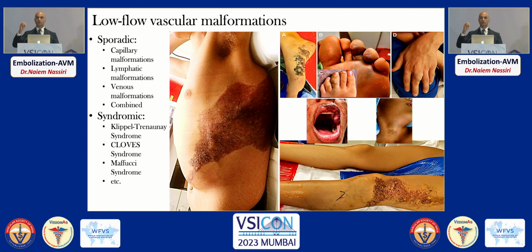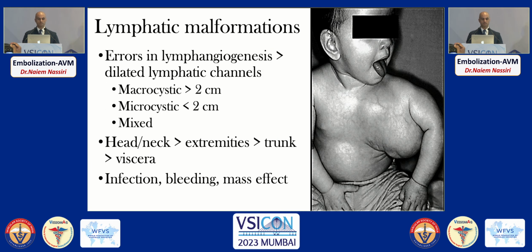Classically, syndromes associated with low flow vascular malformations are Klippel-Trenaunay syndrome, CLOVES syndrome, Maffucci, etc. So I think it's very important to understand which syndrome features what type of malformation. Again, emphasizing the importance of nomenclature and not using haphazard terminology, because you're going to go down a specific therapeutic platform and portfolio if you have a specific diagnosis.